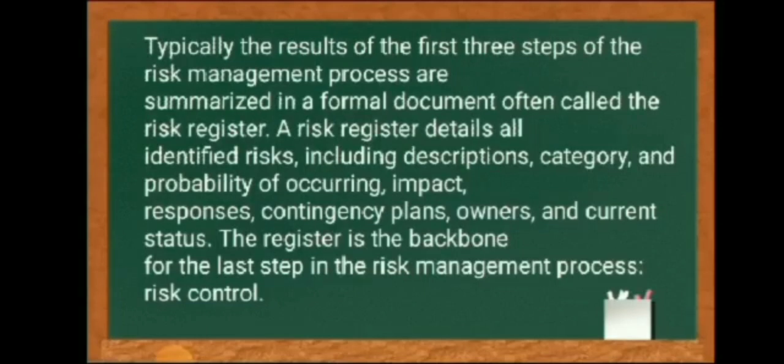A risk register details or identifies risks including description, category, probability of occurring, impact, responses, contingency plans, owners, and current status. The register is the backbone for the last step in the risk management process, risk control.